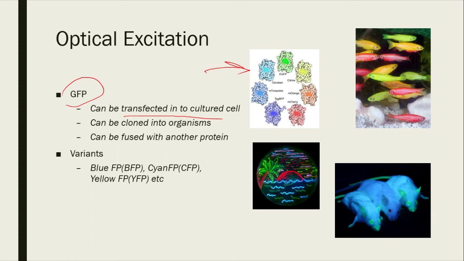Coming back a little bit, this green fluorescent protein was originally from a jellyfish. Now it can be cloned into different organisms to do studies. And one of the nerdy ways of using this green fluorescent protein is to clone it into bacteria and then culture a bacteria plate and do a drawing, like at Sunset Beach.